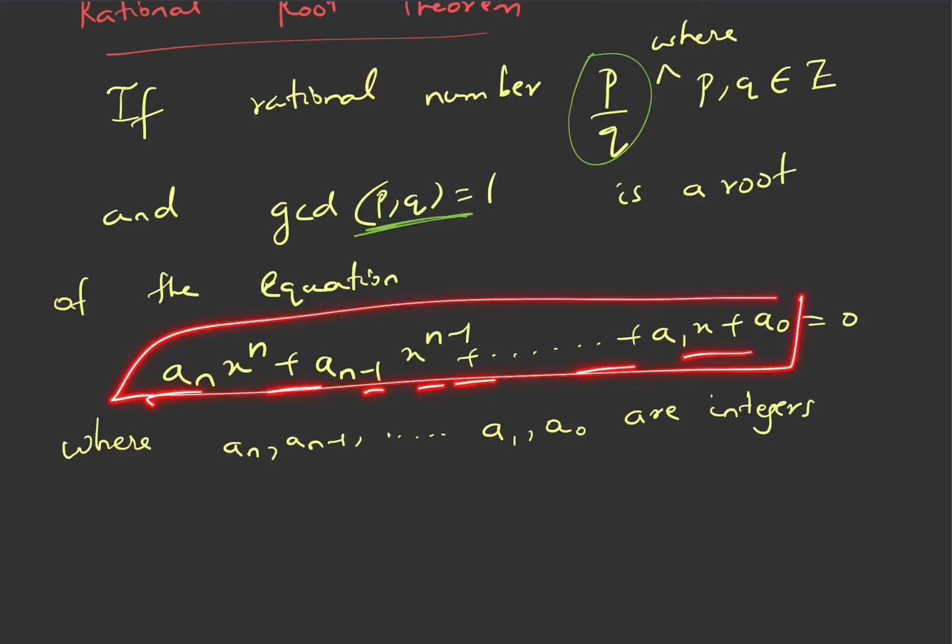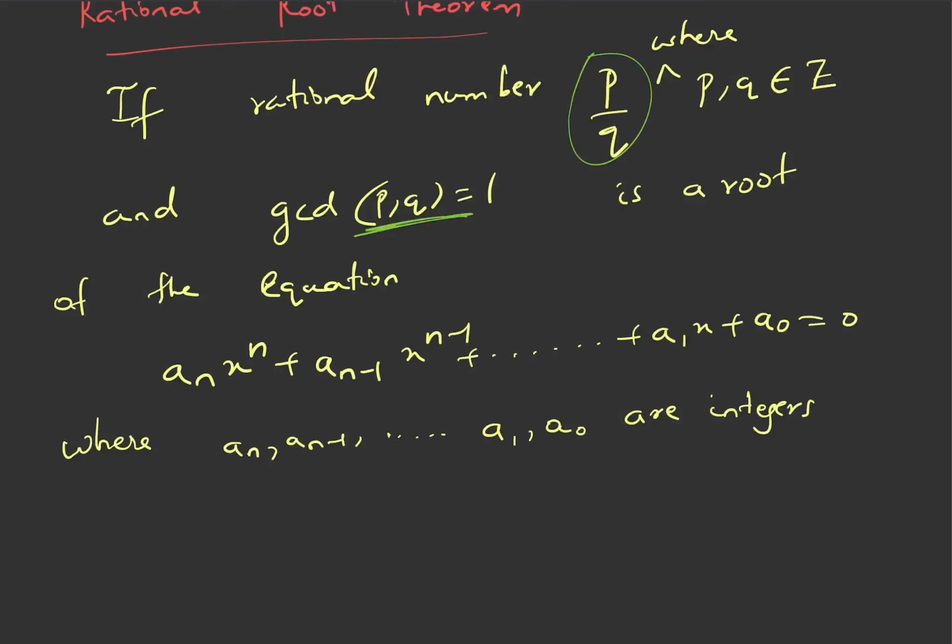Fine. So all the coefficients of the polynomial should be integers. This is the condition. And an is not equal to 0, of course, because if an is 0, then this will not be of degree n.